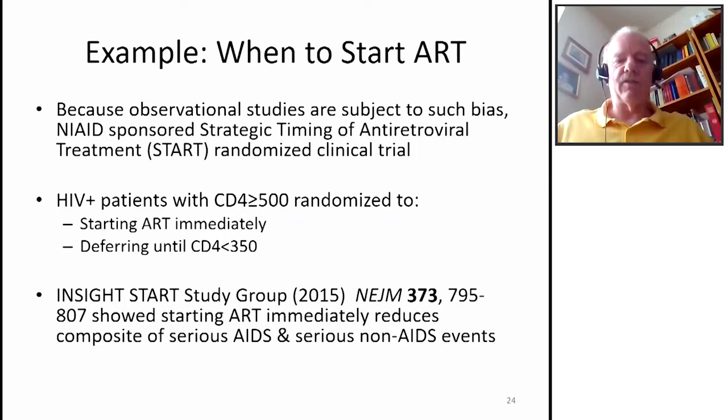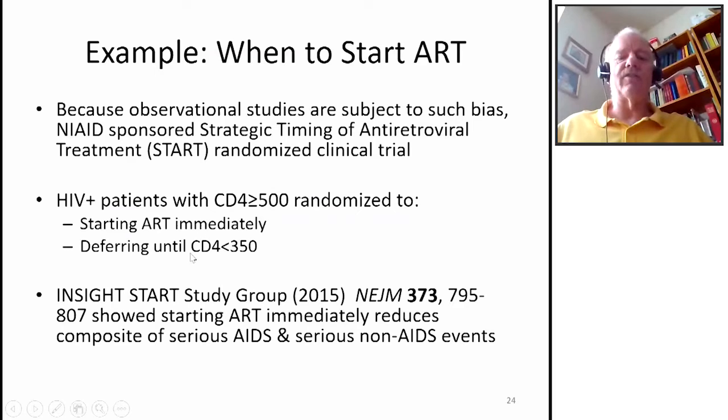It was a randomized controlled trial. They took patients who had HIV and had CD4 counts that are 500 or greater, and they randomized people to either start antiretroviral therapy immediately or wait until their CD4 count dropped below 350.